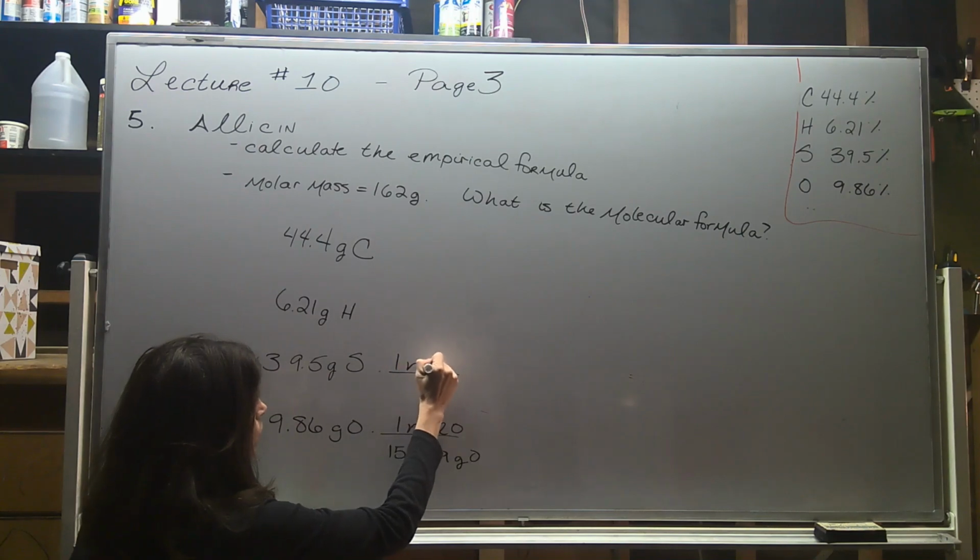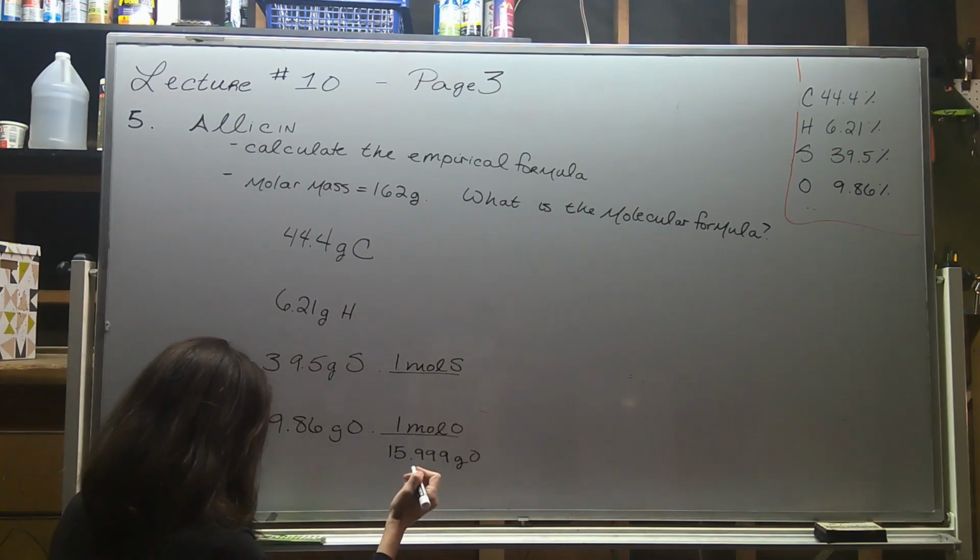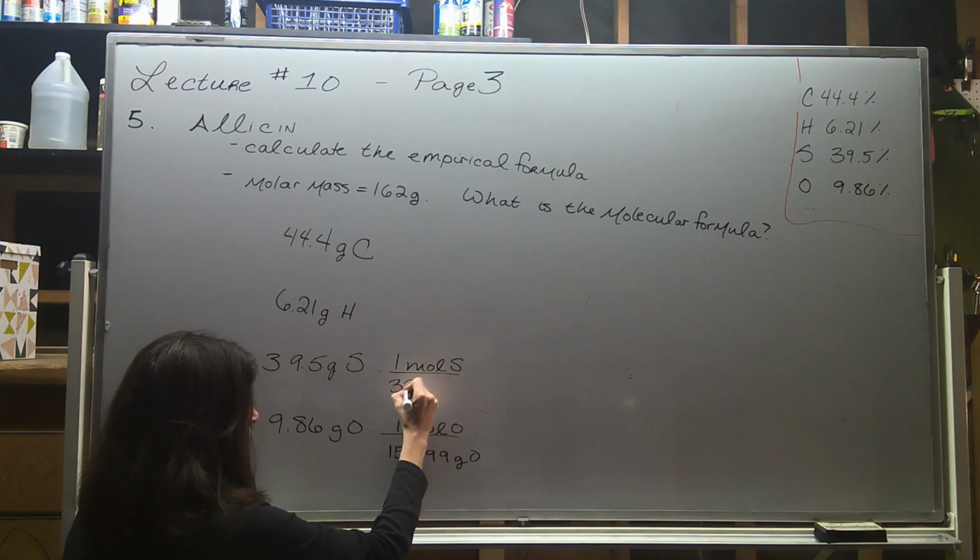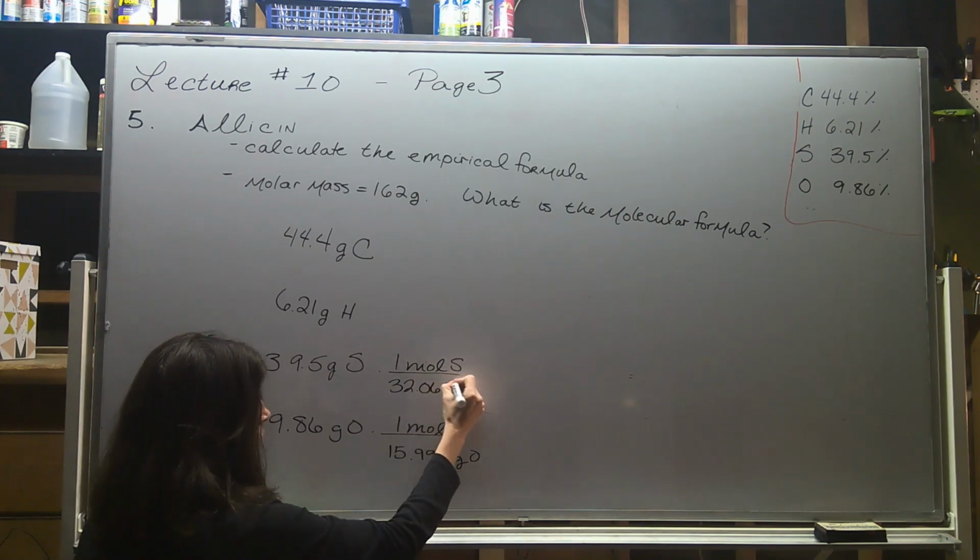Let's see, 1 mole of sulfur has 32.065 grams of sulfur.